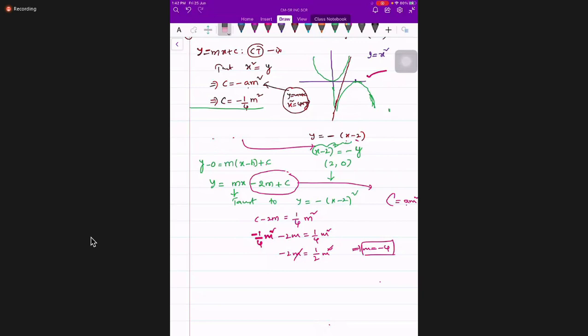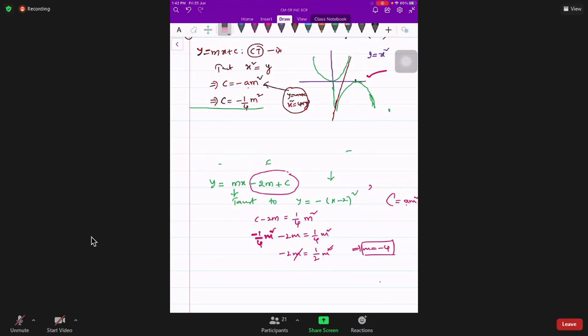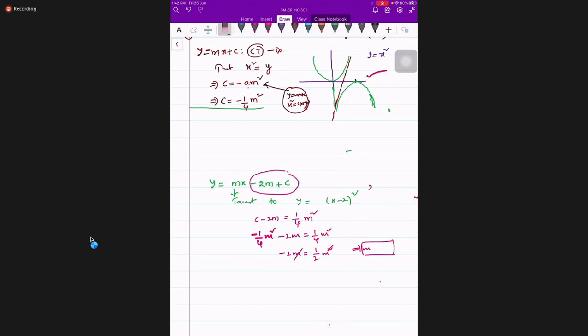Why I'm telling repeatedly: there is a chance you take the c value wrongly. Even in the above question, that point. I am just trying to check whether you are confused or not. That's why I'm explaining multiple times. Right, students?